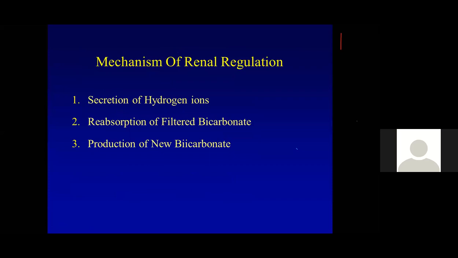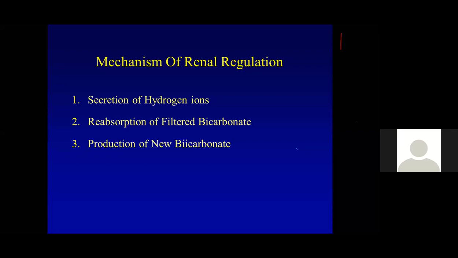These are the three mechanisms of renal regulation. One is secretion of hydrogen ions. Second is reabsorption of filtered bicarbonate. Third is production of new bicarbonate. These are the three important mechanisms wherein the kidneys try to regulate the acid-base balance.